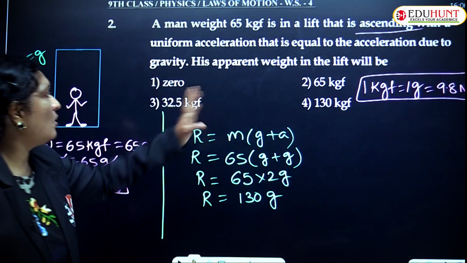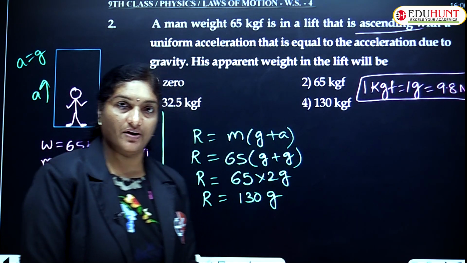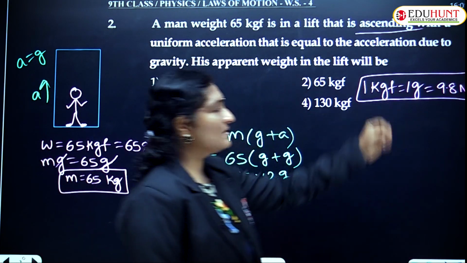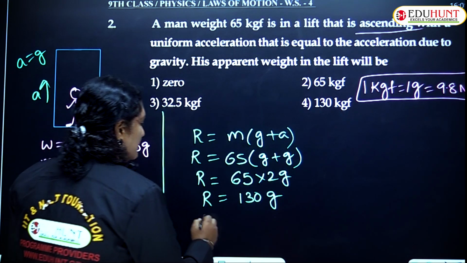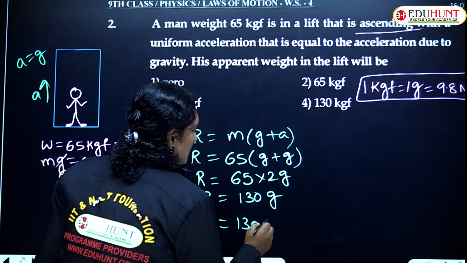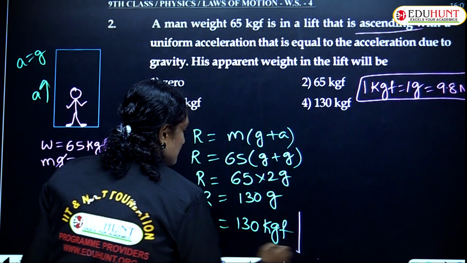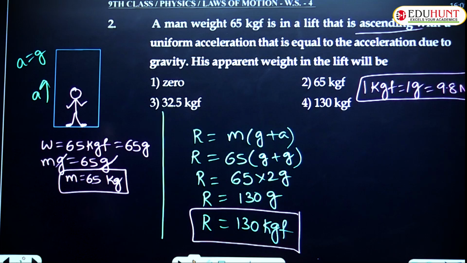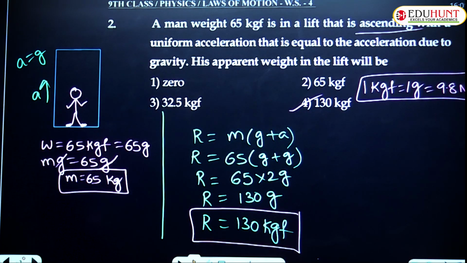But if you observe the options, it is given in kgf. Children, I told you that 1 g can be written as 1 kgf. So 130g can also be written as 130 kgf. Hence, the correct answer is that the apparent weight in the lift is 130 kgf. Hence, the fourth option must be true.